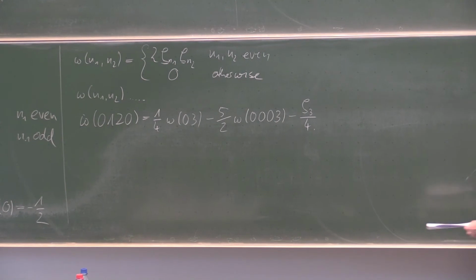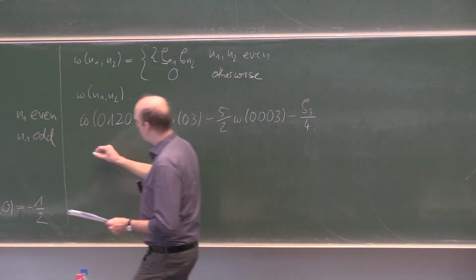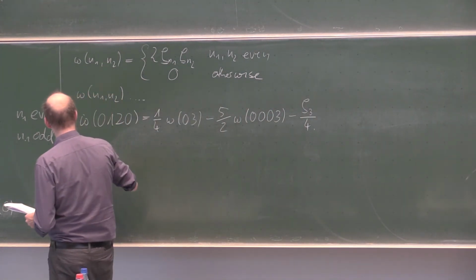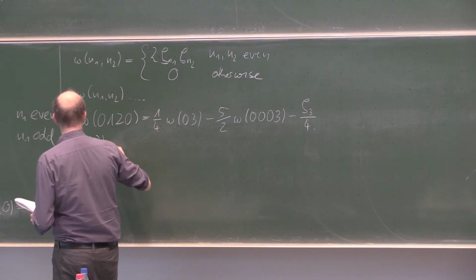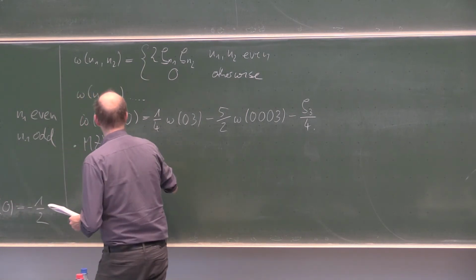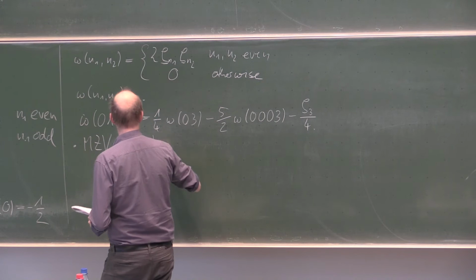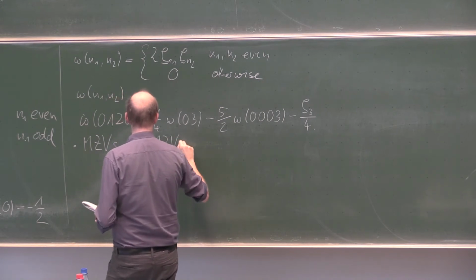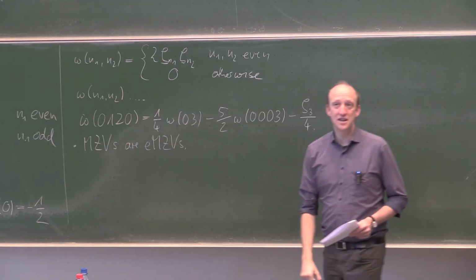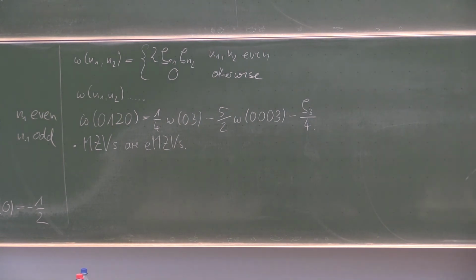These identities show a very important fact. They show that MZVs are actually elliptic multiple zeta values. So any multiple zeta value is also an elliptic multiple zeta value.